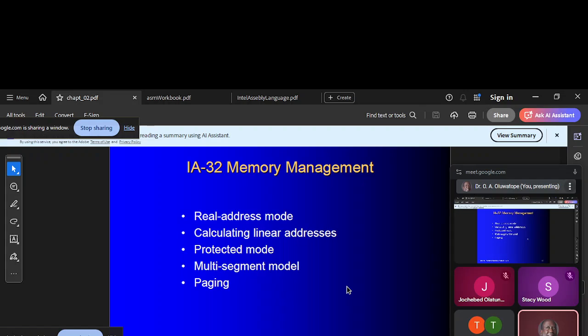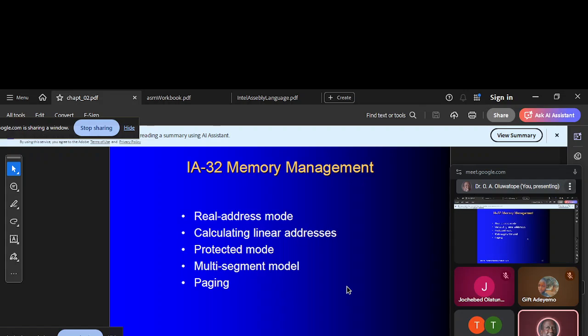So let's look at the instruction architecture 32 memory management. As I said earlier on, there is a real address mode. And we're going to look at how linear addresses are computed. We're also going to look at the protected mode.